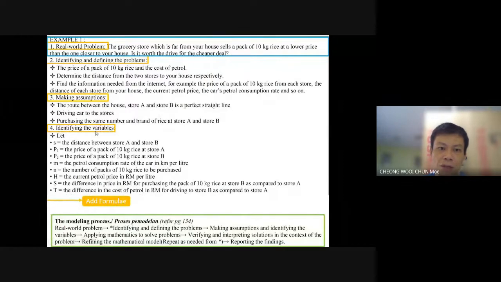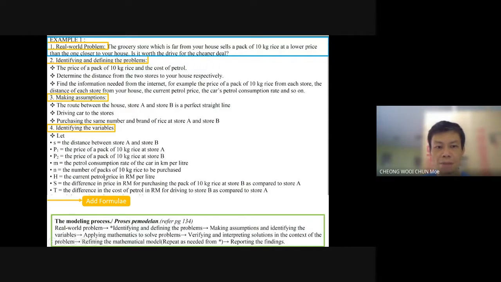Then we identify the variables. The variables we look here: small s, P1, P2, small m, small n, capital H, capital S, and capital T. Small s is the distance between store A and store B. P1 is the price of 10 kilogram rice at store A. P2 is the price of a pack of 10 kilogram rice at store B. m is the petrol consumption rate of the car in kilometer per liter. n is the number of packs of 10 kilogram rice to be purchased.